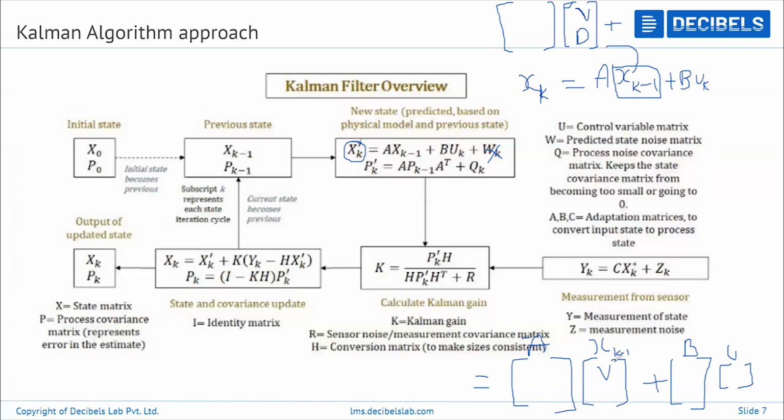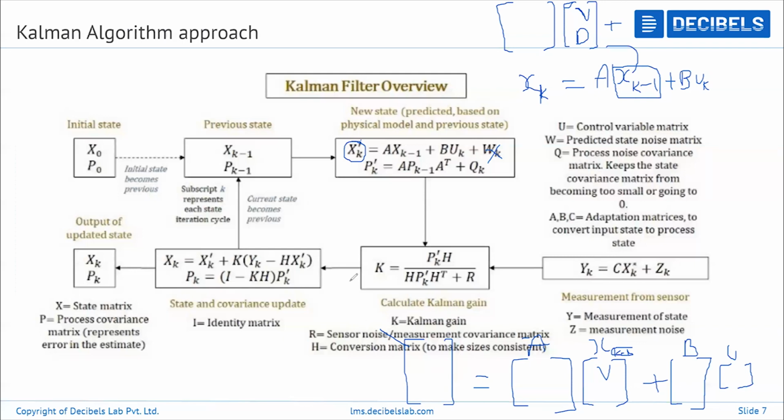So once you multiply with matrix A and add B and U, whatever X update you get is with respect to that particular time. So this will be the previous estimate, and this will be the present estimate.